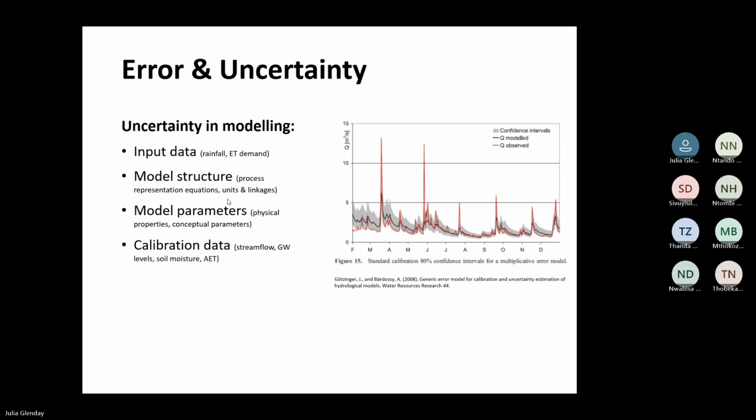So when I say a conceptual parameter, I mean a parameter that controls how quickly groundwater flows, or water flows through soils, but it's not directly linked to a specific property you can measure in the field. So they tend to be rate constants and things like that.